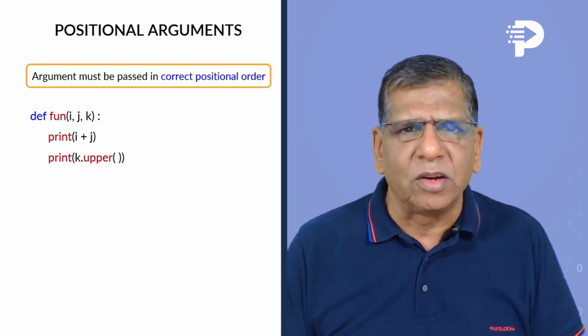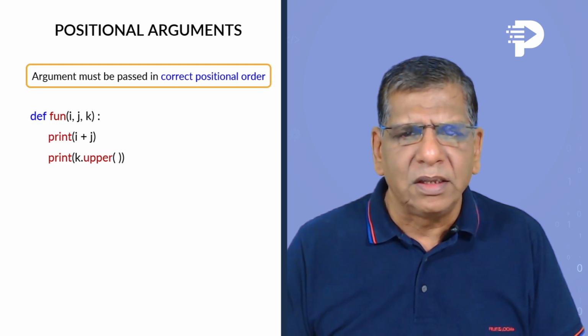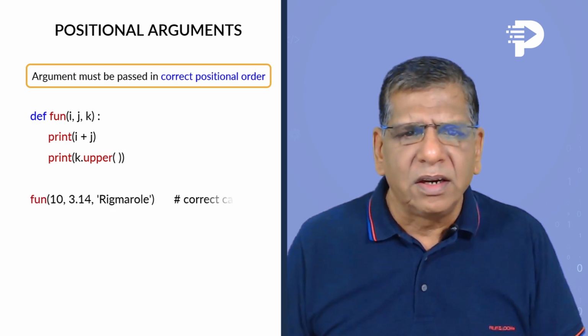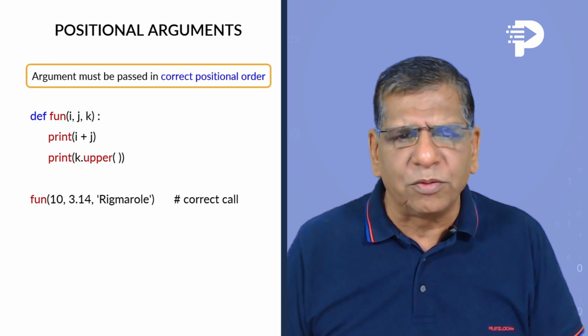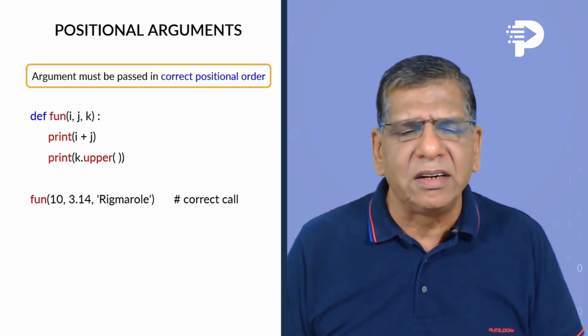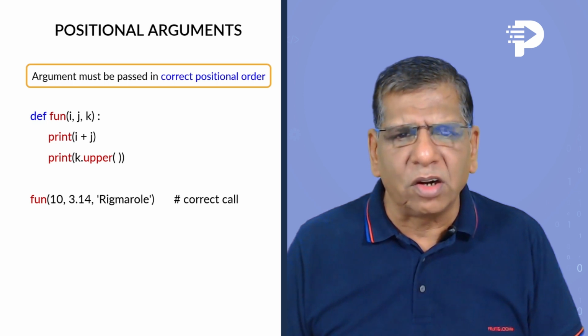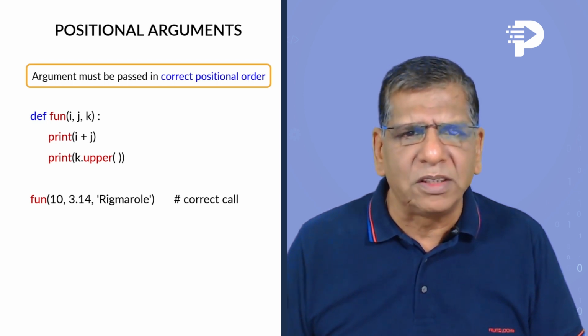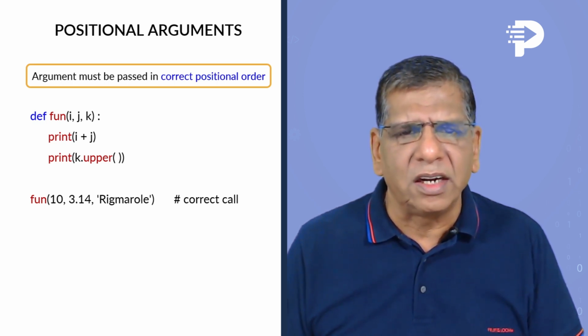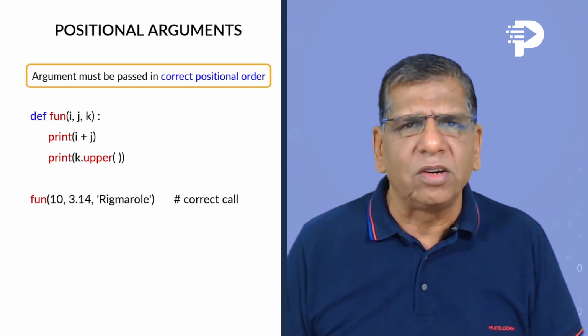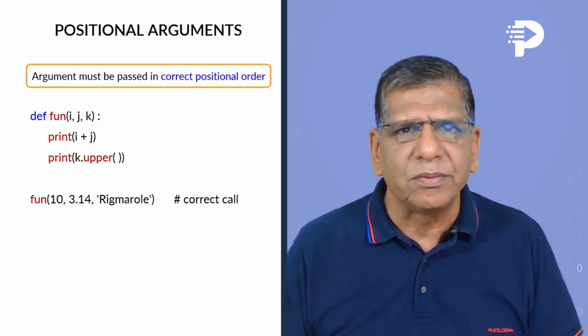Having done this, let's now try to make a call to this function fun. Here is the first call. 10 and 3.4 that I pass get collected in i and j, and they can be easily added. 13.4 is the result that will be printed out. And the third argument that I passed is rigmarole, which is a string. It got collected in k and I converted it to uppercase and then printed it out. This is fine.